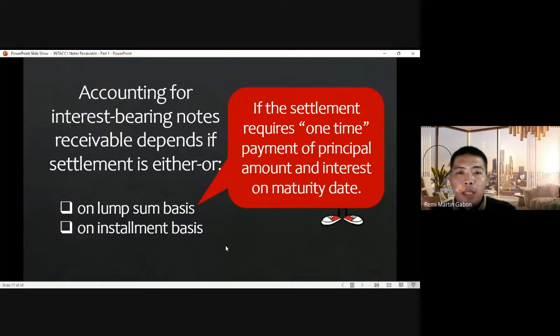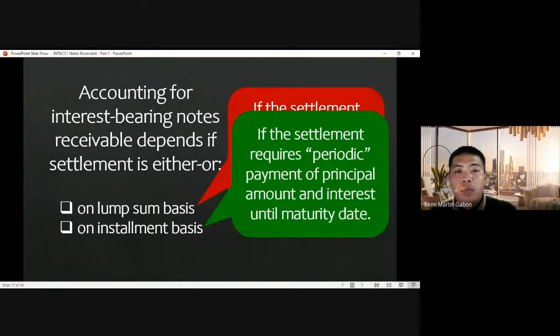Yung lump sum basis, in Tagalog, isang bagsakan. Yung installment basis, utay-utay na pagbabayad. Ha? May periods na magbabayad ka. Okay? Specific periods, several periods. Or serial. Yung lump sum, one time. Or term. Yan yung ibig sabihin ng lump sum and installment.